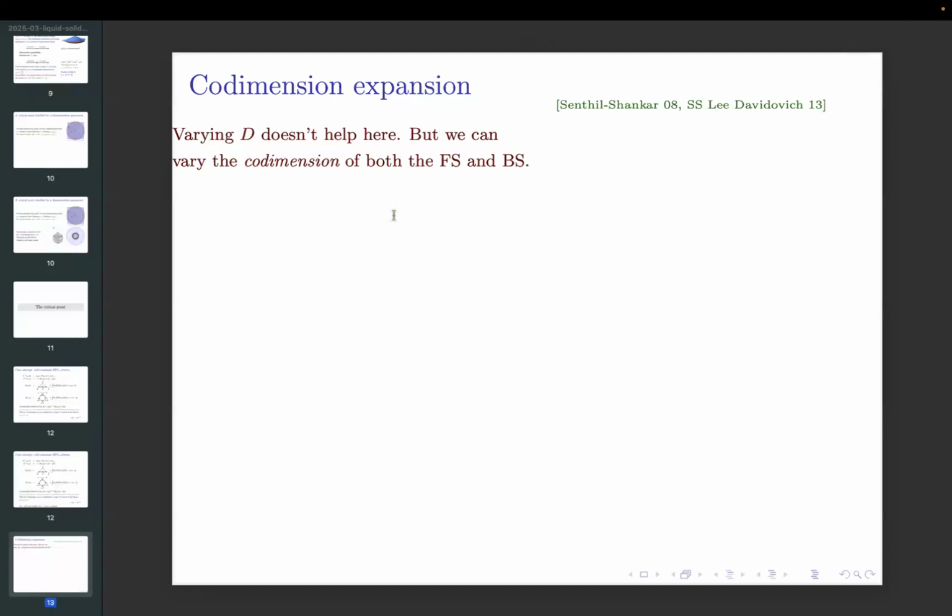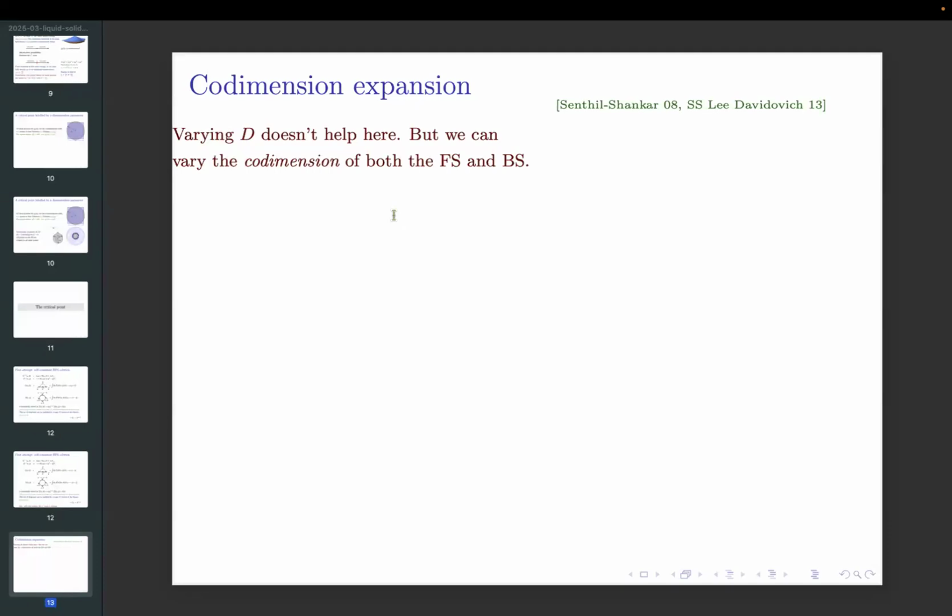This is something that other people have tried in related contexts. So the thing I'm going to do is vary the codimension. I'm going to add some fictitious spatial dimensions which are transverse to both the Bose surface and the Fermi surface.